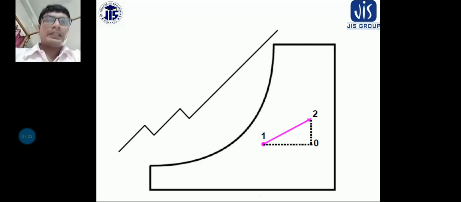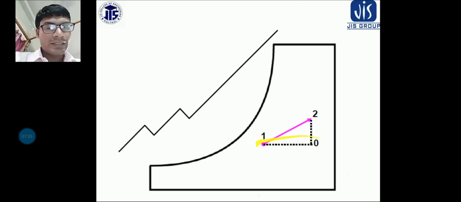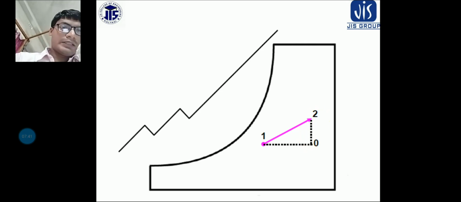In this figure you can see the heating as well as humidification done from 1 to 2. Process 1 to 0 is your sensible heating, and 0 to 2 is your latent heat. Sensible heat and latent heat.